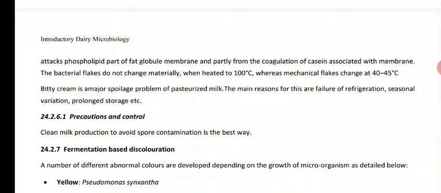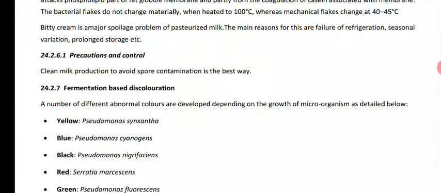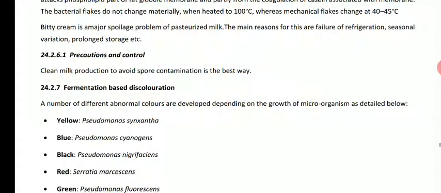So this defect is caused by microbes as well as physical handling. Again, precautions like clean milk production and avoiding spore contamination are the best way to prevent this defect.